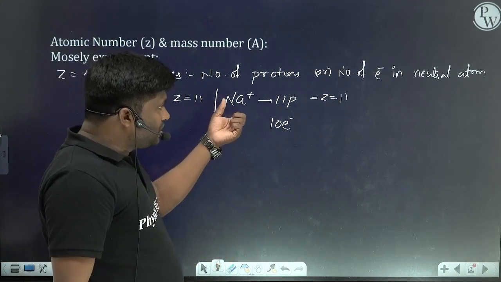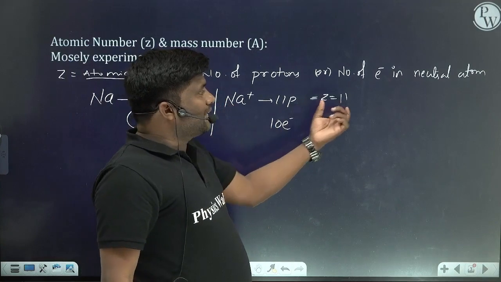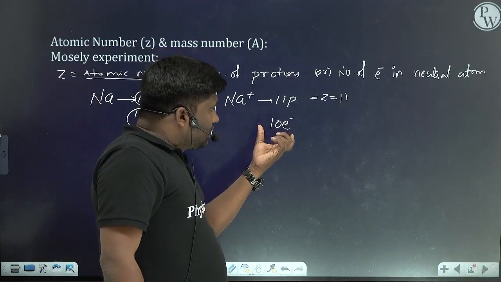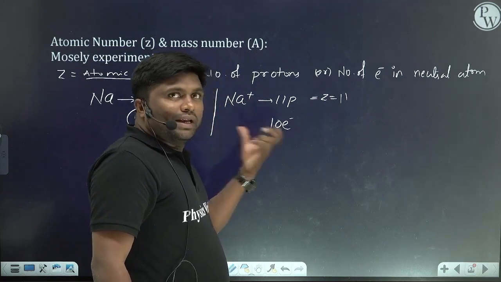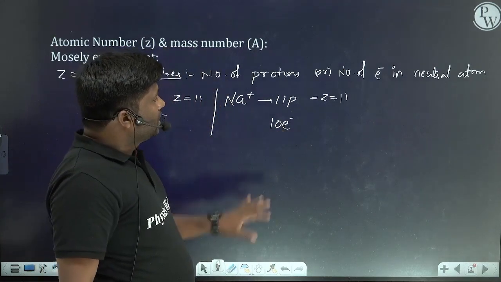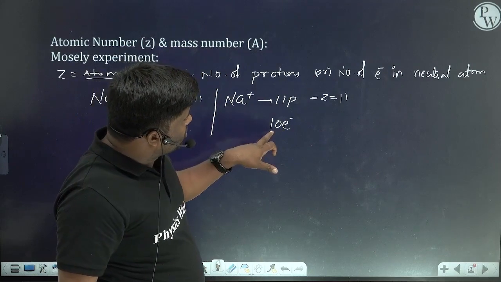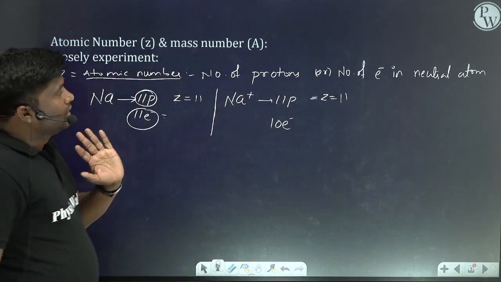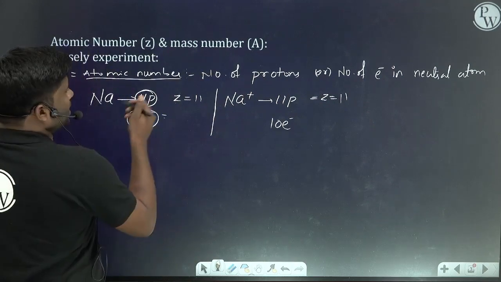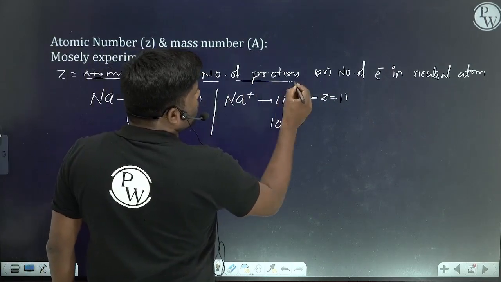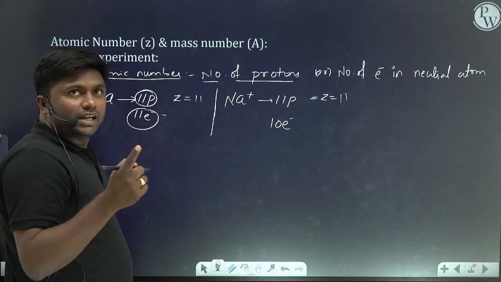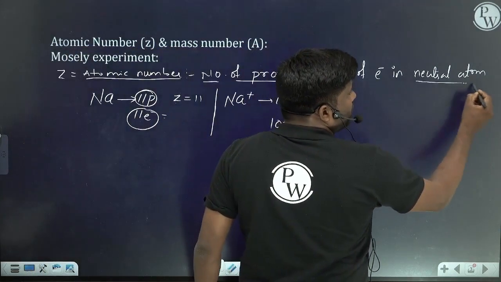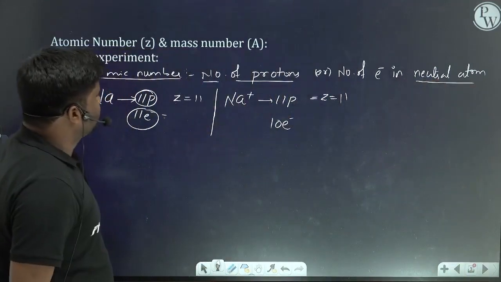So in ions, we should not consider the number of electrons as atomic number, because in a sodium ion one electron is lost, so only 10 electrons are there. So the definition of atomic number is the number of protons in an atom or ion, but the number of electrons in a neutral atom is the atomic number.